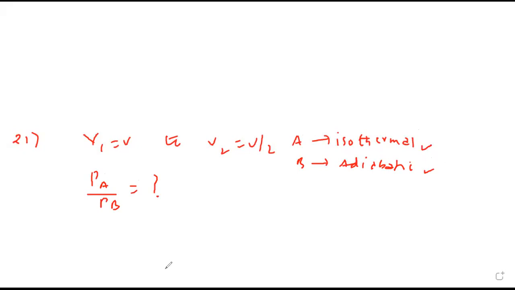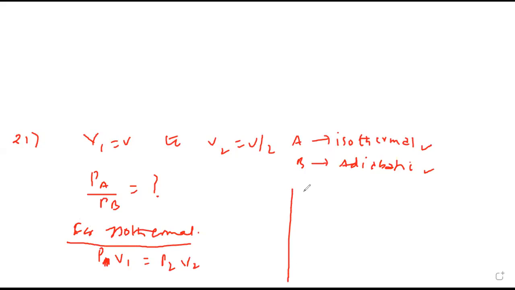Volume is changing from V to V by 2. For isothermal, we know P1 V1 equals P2 V2. Both the gases are initially at the same temperature and pressure.